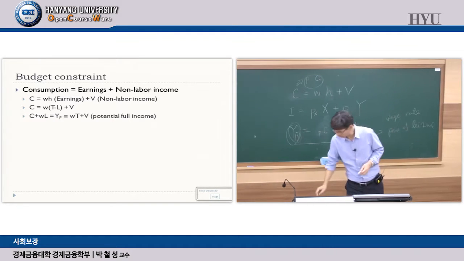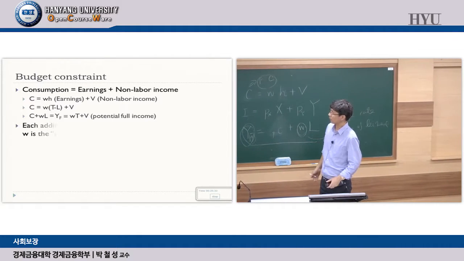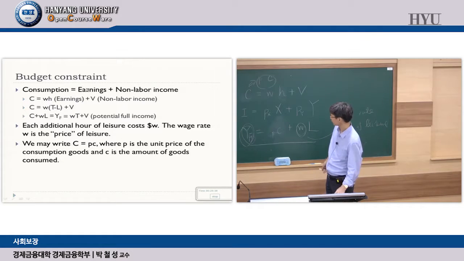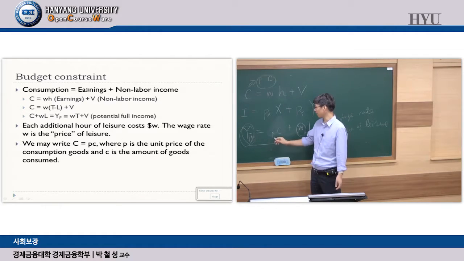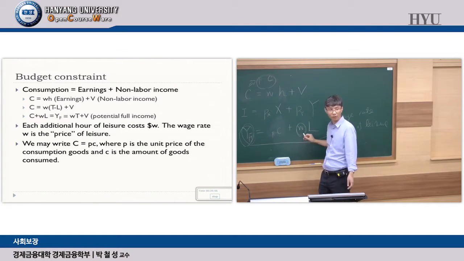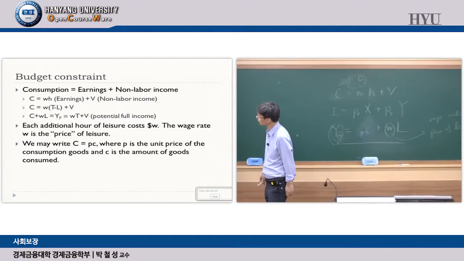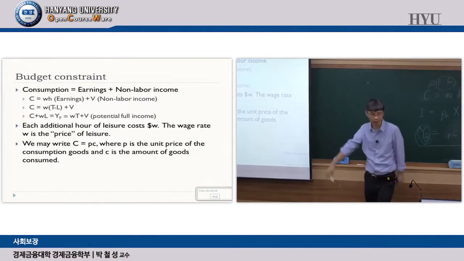So I wrote that down in the next line. Because in the labor economics class, we concentrate on wage, not the price of a consumption good. So we just don't care much about the price of a consumption good. That's why we didn't write P much. Just look at W only. Well, if you want, you can write it this way. Doesn't matter. Get that?